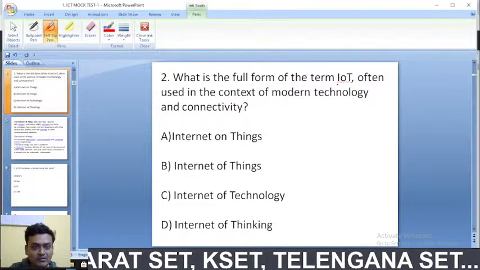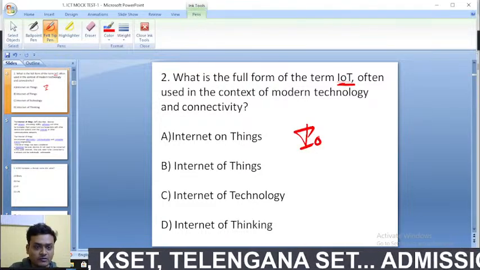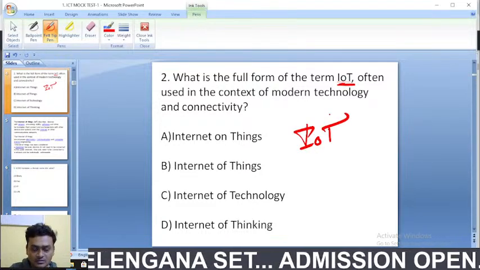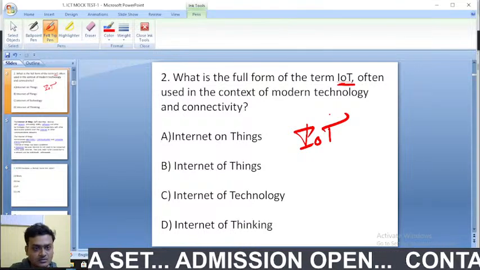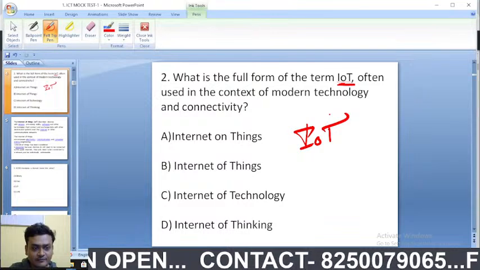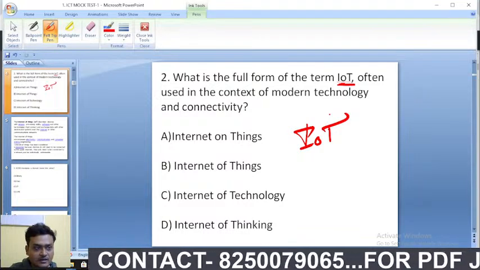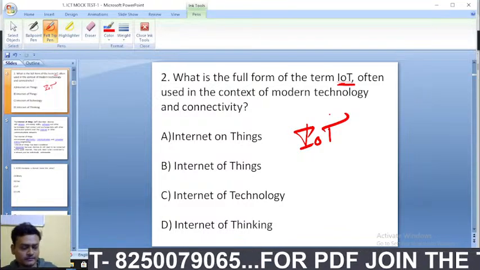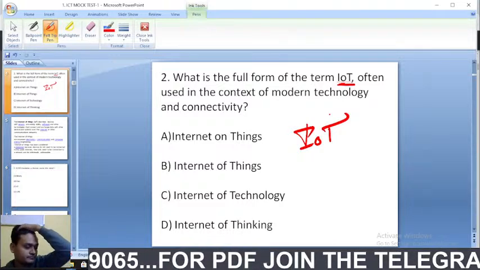What is the full form of IoT? Internet on things, Internet of things, of technology, of thinking. What is the full form of IoT?